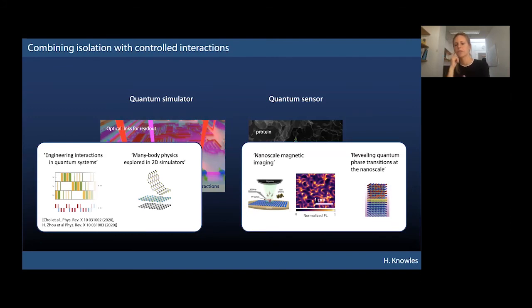dinoflagellates system. So really being able to perform temperature sensing and these nanoscale MRI measurements on the nanometer scale. We have a project looking at cancer cells, for instance, as I showed earlier.